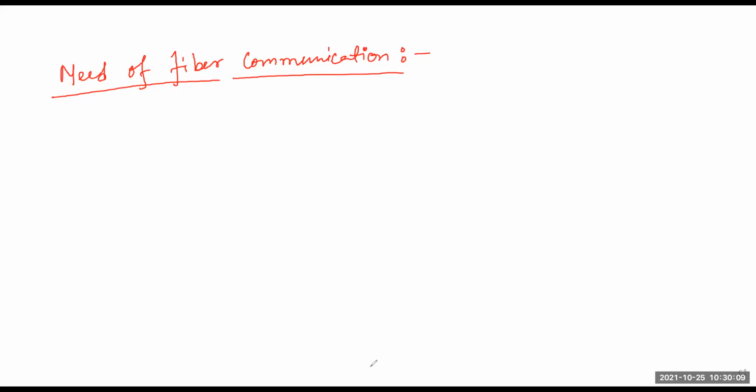Shweta? Yes, sir. So in that class, I also discussed the comparison between analog communication, digital communication and fiber optical communication. If you understood that, you have the idea of what advantages or benefits we are getting from the optical fiber communication. So can you tell me 1 or 2 points?